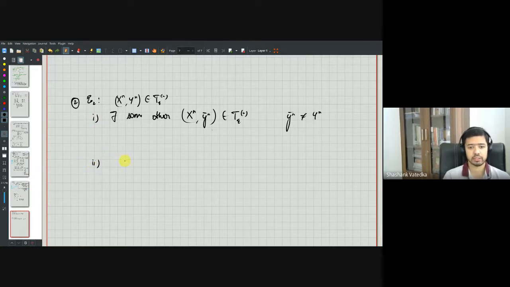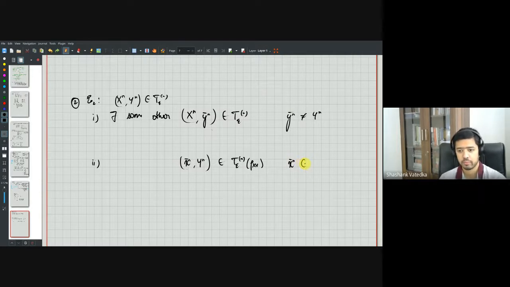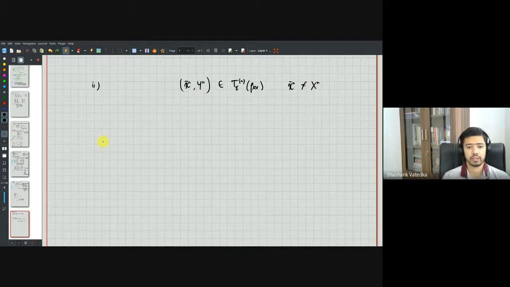The second case is some xn bar and the true yn are in the typical set. And the third case is that some other xn bar yn bar are in the jointly typical set.